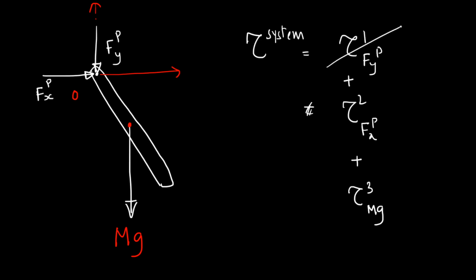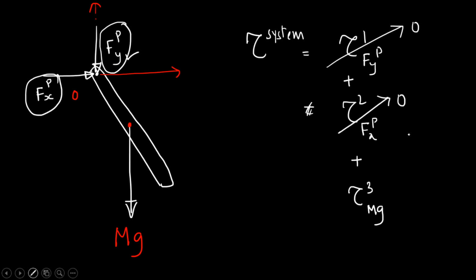Now the first two are clearly 0 because the forces Fx and Fy both pass through the origin.